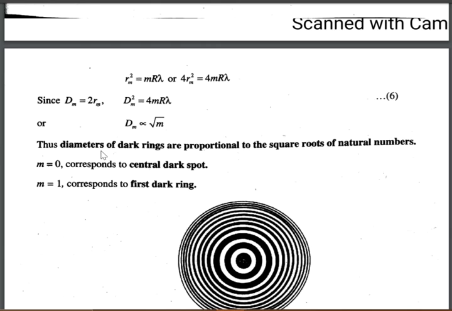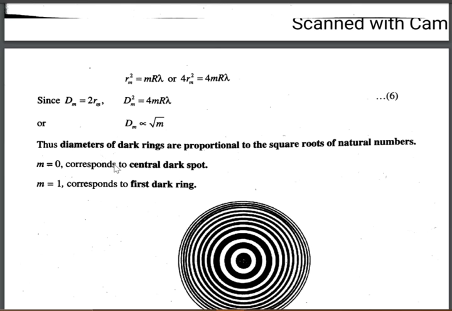Thus the diameters of the dark rings are proportional to the square root of natural numbers. This is the conclusion: diameters of the bright fringes are proportional to the square root of odd numbers, while the diameters of dark rings are proportional to the square root of the natural numbers 1, 2, 3, 4, etc.